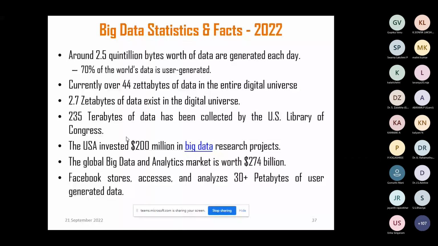And from Facebook's point of view, it stores, accesses, and analyzes more than 30 petabytes of data generated from the user end, right? This is the total volume of data approximately estimated that Facebook handles in a day.